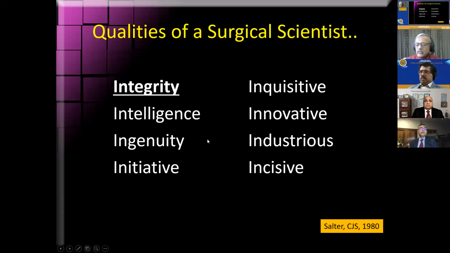This is Salter's list of the qualities of a scientist, a person who would undertake research. Please note that among all the 8 I's that he mentions, integrity tops the list. My appeal to all the youngsters here is that bad research with cooked up data is much, much worse than no research.